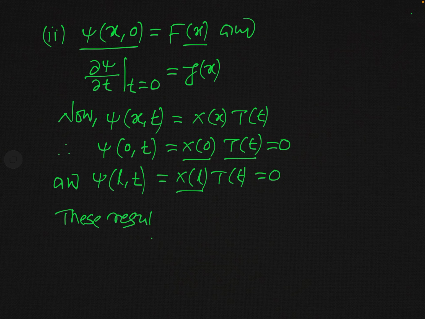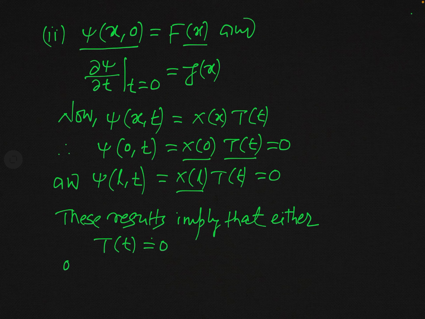So you can say these results imply that either T of t equal to 0, or X of 0 equal to 0, or X of L equal to 0, because the product of these two functions is always 0.